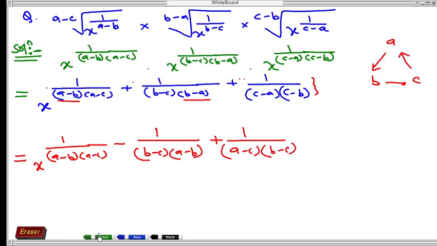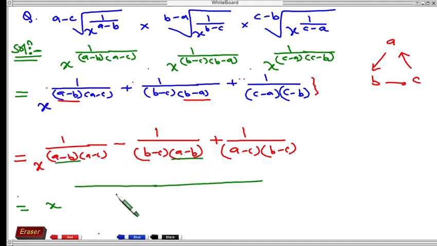And then we can take the common, or the LCM is (a minus b)(a minus c)(b minus c).